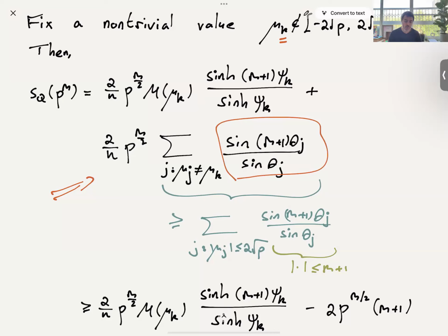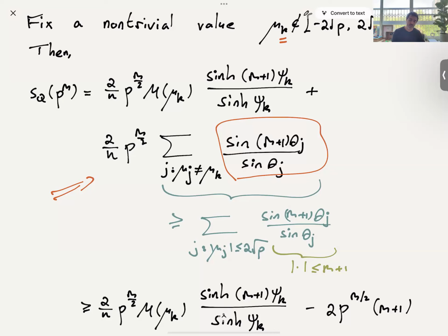Okay, but anyhow, for the remaining eigenvalues, if you look at this ratio, first of all, we can bound this from below. Everything here is positive, because the signs of the sines at the numerator and the denominator will make sure it's positive. So to bound this from below, I'm only going to take a subset of the indexes over which I sum.